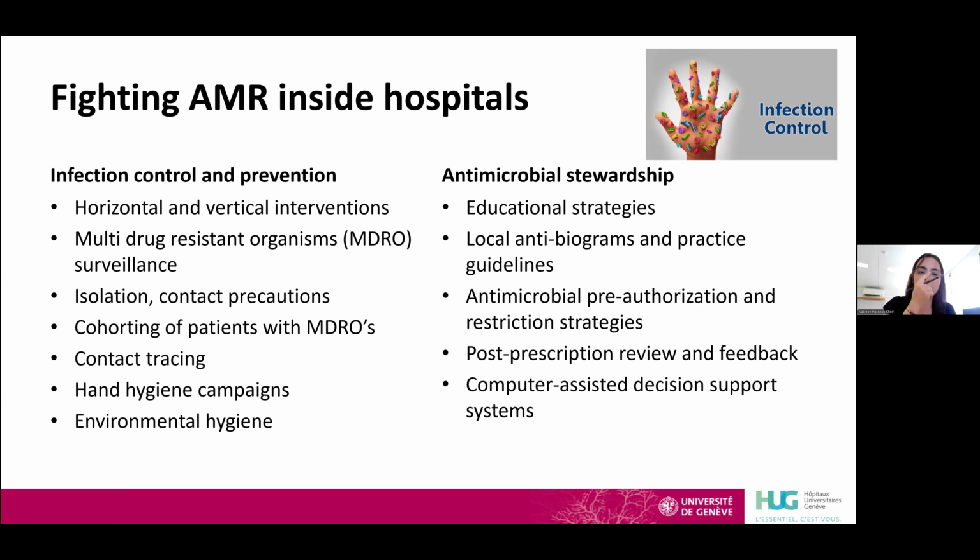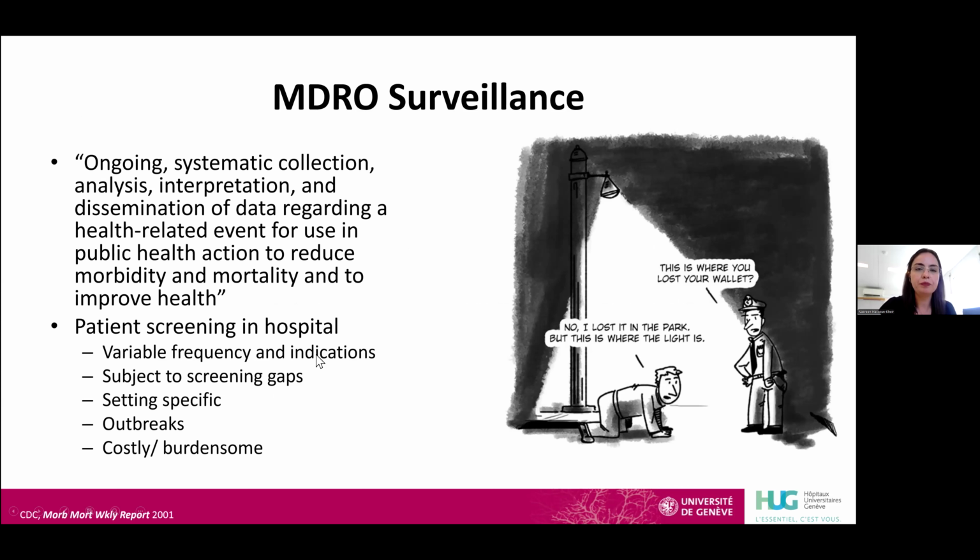And in infection prevention and control, we try to look for multi-drug resistant organisms. We apply isolation and cohorting of patients. We do vertical and horizontal interventions, including hand hygiene, environmental hygiene, contact tracing, etc.